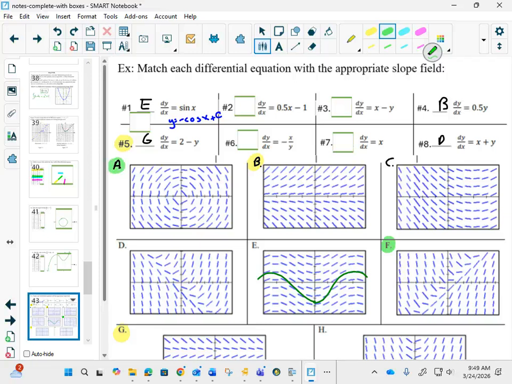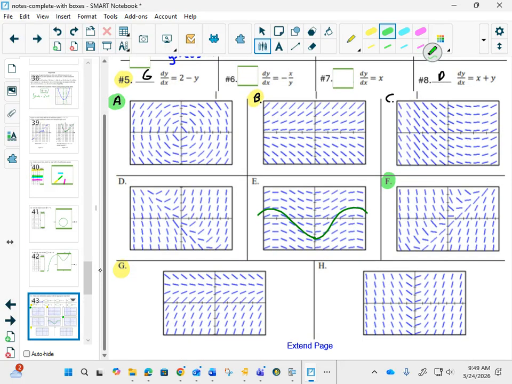This one, A, doesn't have same columns, doesn't have same rows. Straight up and down, straight across, different. This one's the same across. This one's same up and down. Not same across, okay. That one is different, up and down, and left and right.